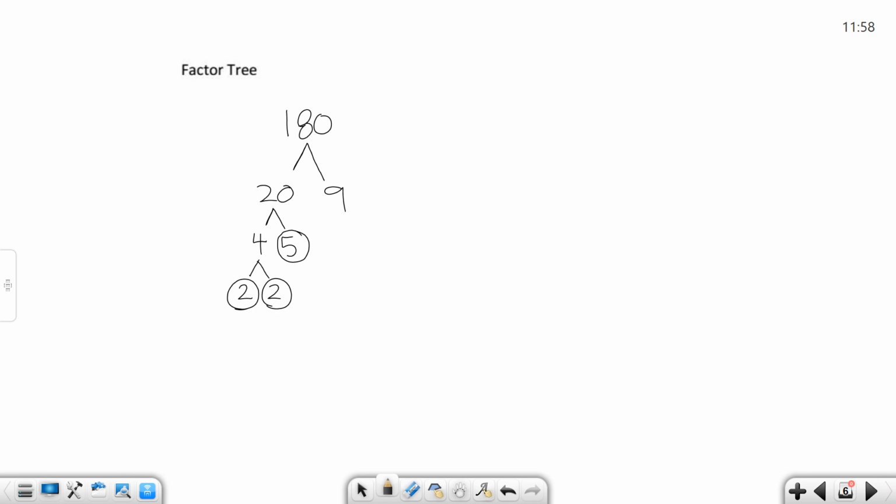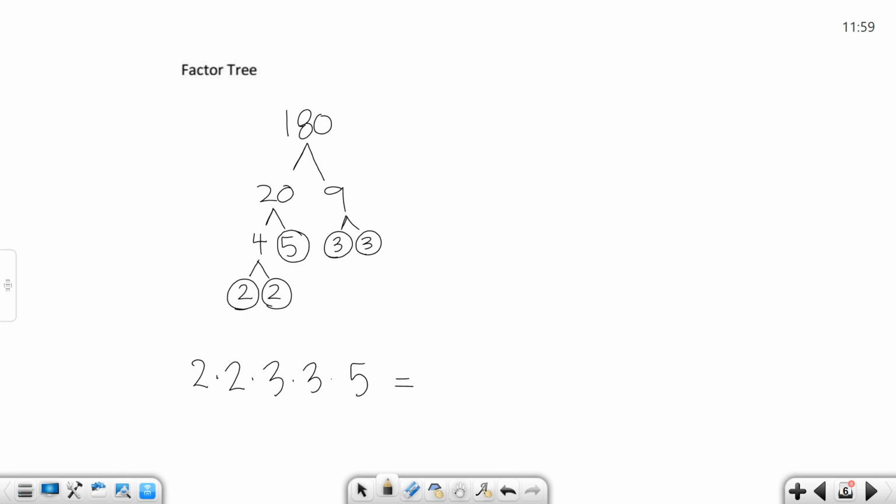Then we go to the other wing of the factor tree. 9 breaks down into 3 times 3. Those are both primes. So this factor group would be 2 times 2 times 3 times 3 times 5.